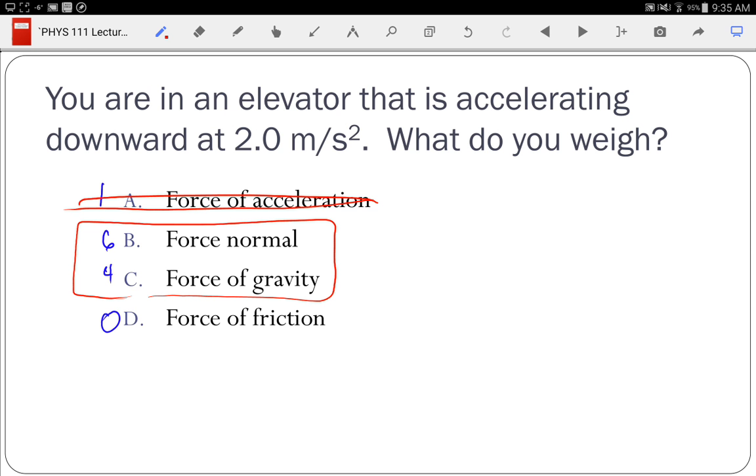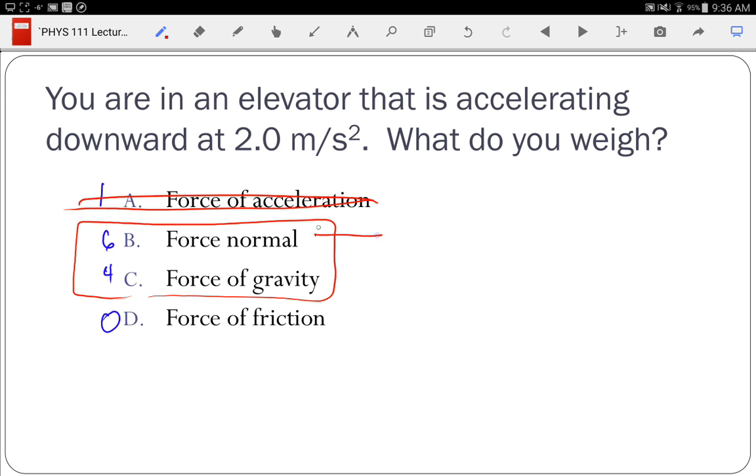Given those two, if you have an astronaut in the International Space Station, like I talked about on Monday, if we say that astronaut is weightless, which one of those two definitions are we using? Not the force of gravity, because the force of gravity there is still 80-90% of what it is on the surface of the Earth.